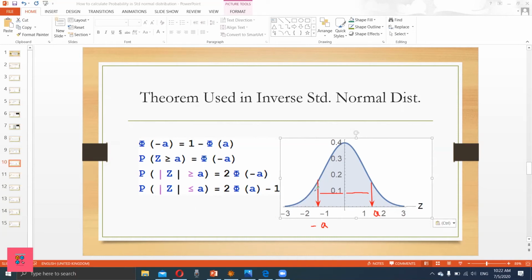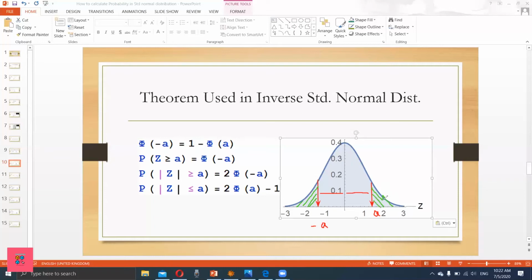For example, this is the area on the left tail. We will say this shaded area is capital phi of minus a. And this area on the right tail is 1 minus phi of a.